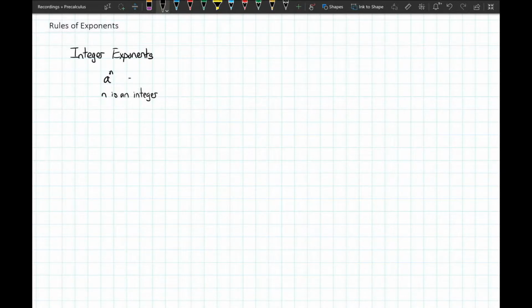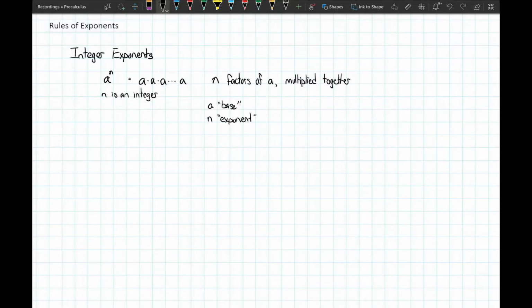In this case, that is just a times a times a times a, and we write out n factors of a all multiplied together. And we refer to a as the base, and we refer to n as the exponent. With that basic definition, we can come up with 10 essential rules for simplifying and managing exponents.